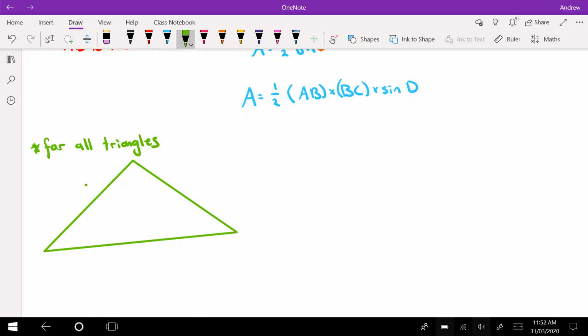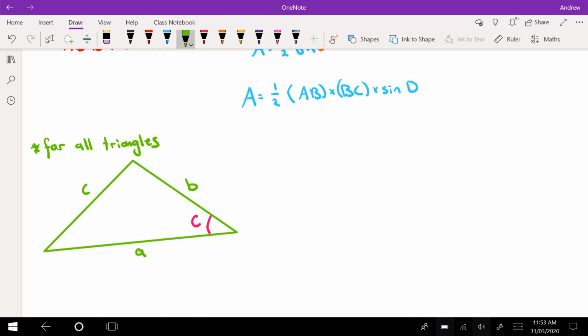So let's say that's C. This is B, and that's A. And this is going to be the angle inside, but this is a capital C. We're going to probably use capitals with our angles. We'll probably talk about that a bit more with sine rule and cosine rule, which is the next lesson. But just remember that our angles are usually at the top.